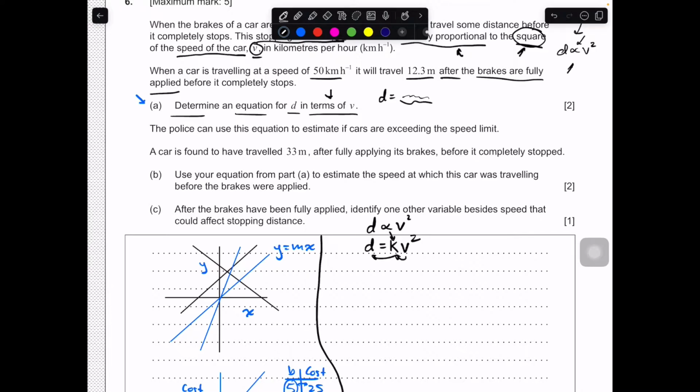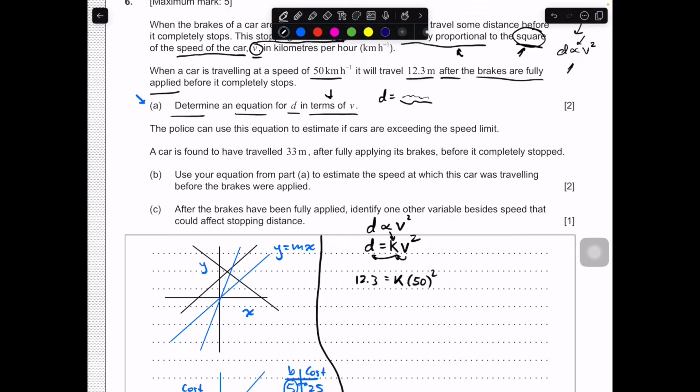And so let's plug in some values. Distance is equal to 12.3 in this instance. K is what we want to try to find out, and the speed at this time was 50 squared. So 50 meters per second, or kilometers per hour, and then we want to square this. So let's just use a calculator.